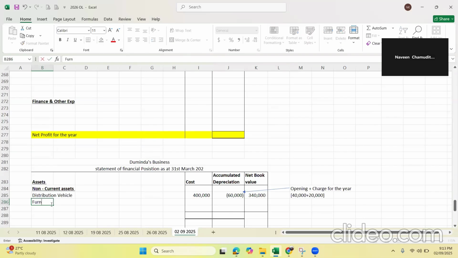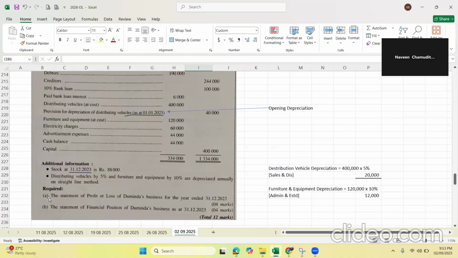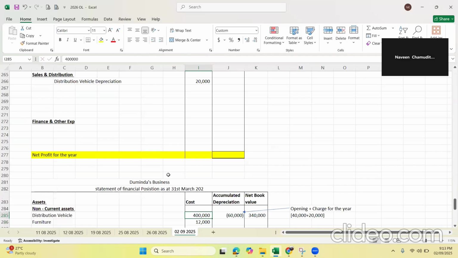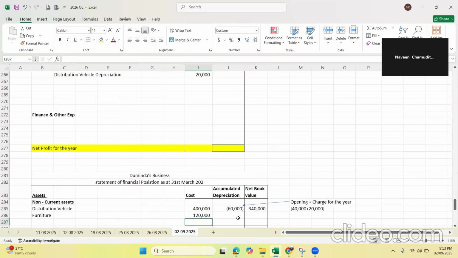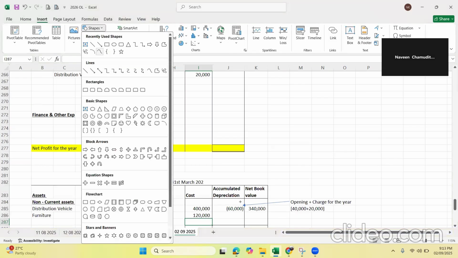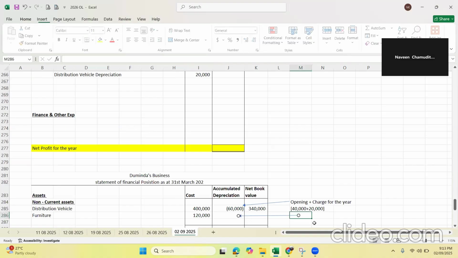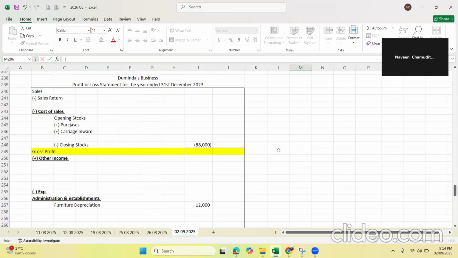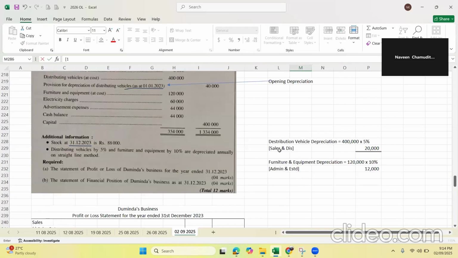Then under the non-current assets, you must write the asset, furniture. The cost of the asset is how much? Furniture, 120,000. Then accumulated depreciation again, the total charge for the year plus the opening. So the charge for the year came 12,000 plus the opening balance.